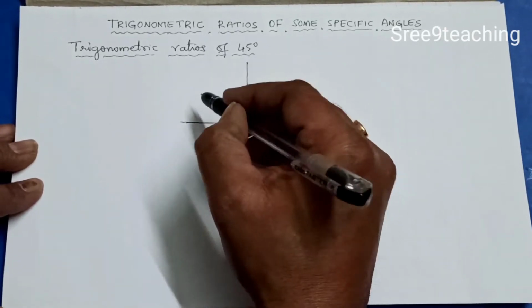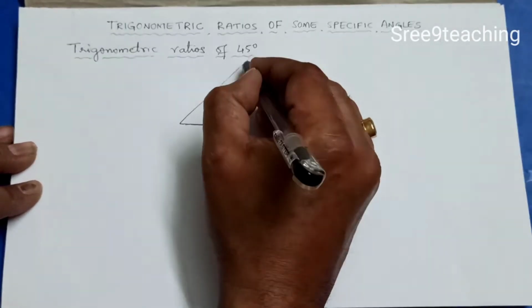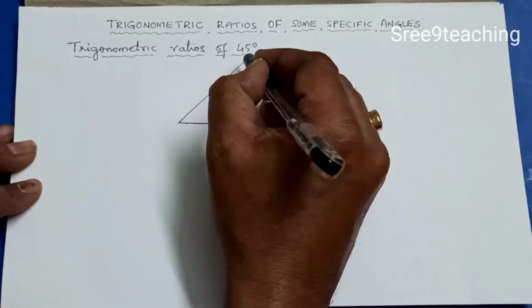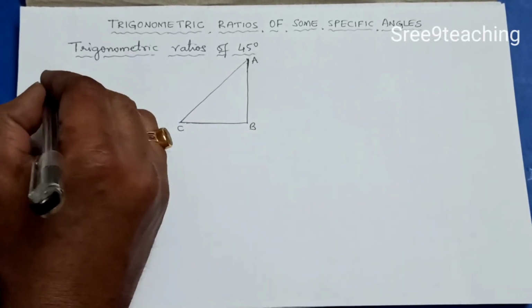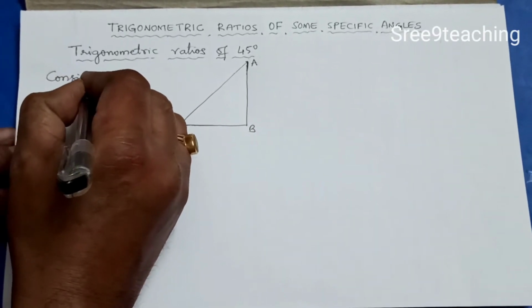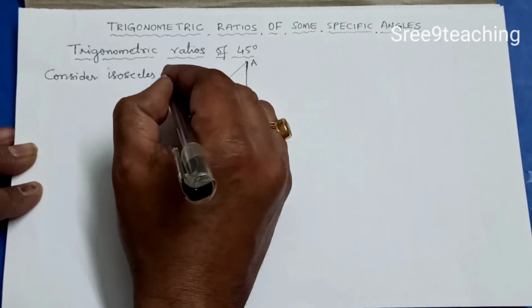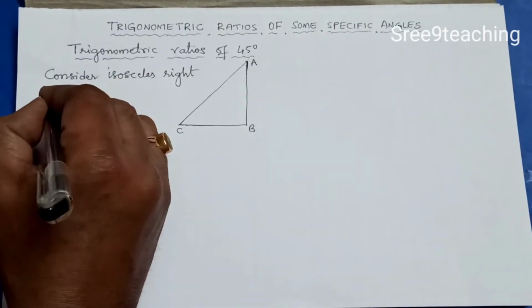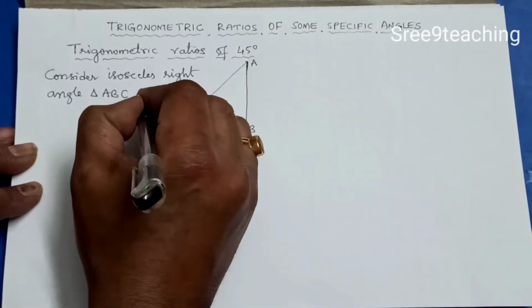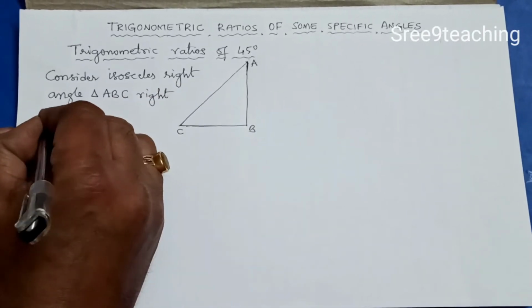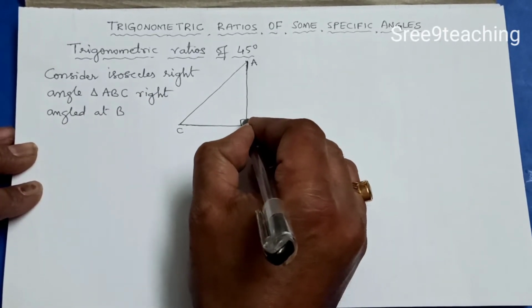Now consider the isosceles right angle triangle ABC, in which it is right angled at the vertex B, which means here it is the right angle.